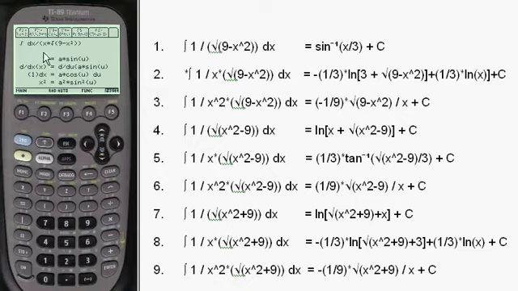So here's the original function. We're going to let x equal a times sine of u. These are all right triangles with the Pythagorean theorem identities. For instance, the sine of theta is always the opposite over the hypotenuse.